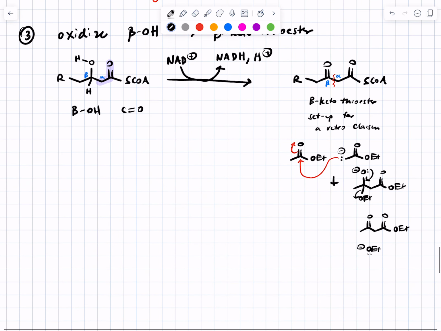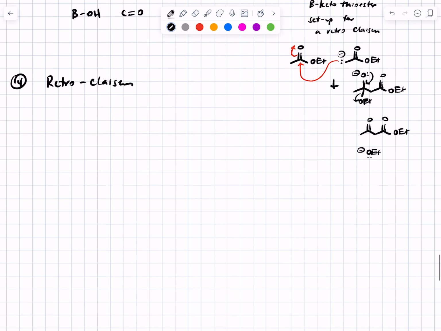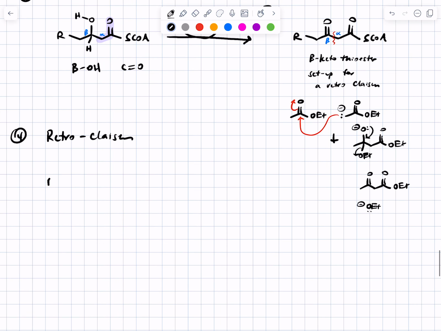All right, so let's show you that retro-Claisen step from fatty acid beta oxidation. Here's the beta keto thioester. I'm going to again highlight the 2 carbon units.